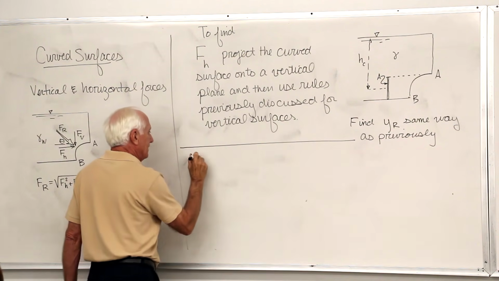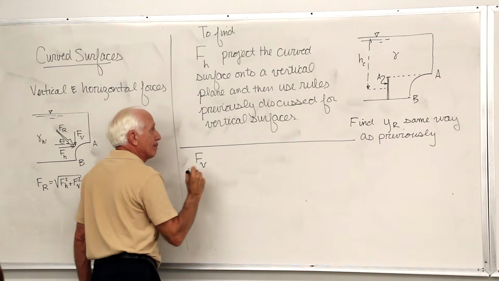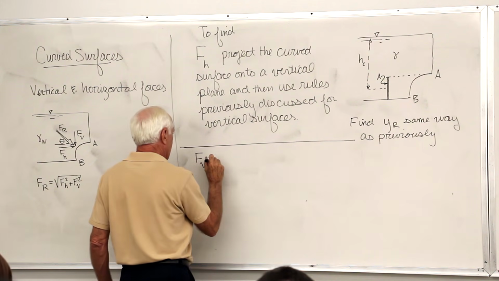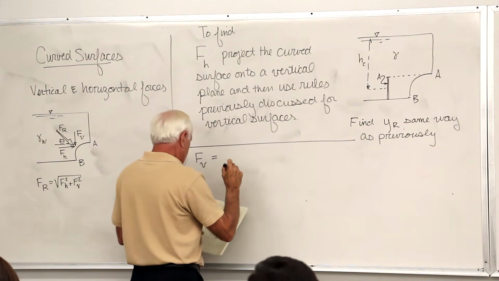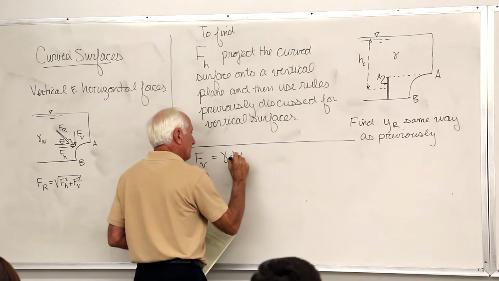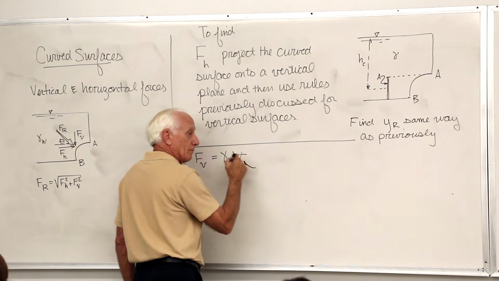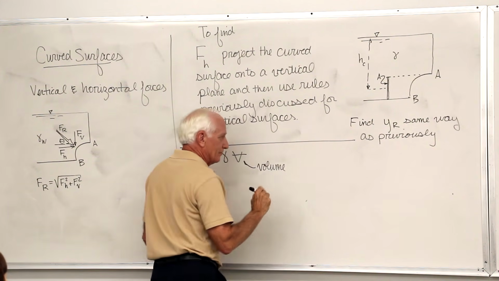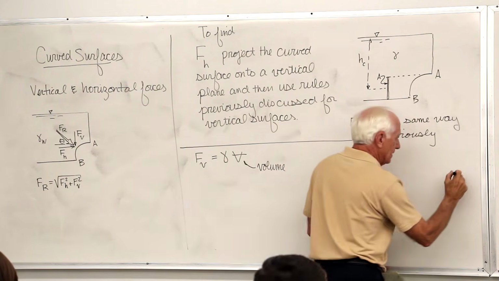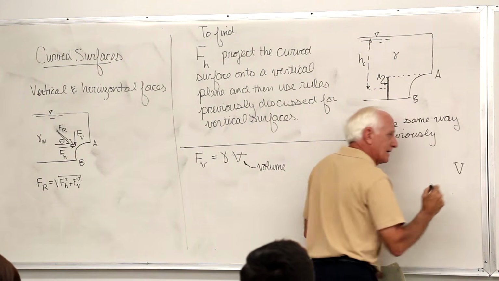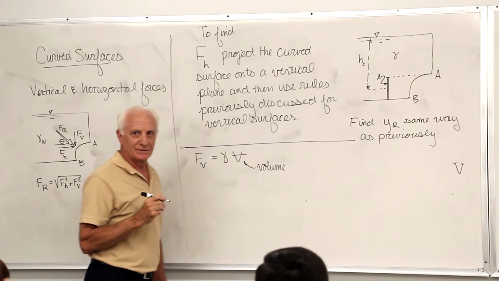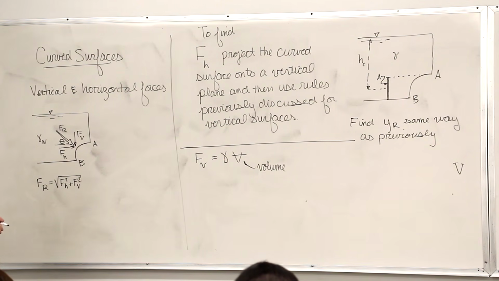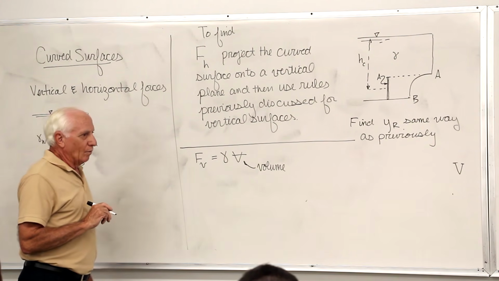Now, F_V, the vertical component. Gamma times the volume. This V with a bar through it means volume. The reason the bar's through it is that when you see a V like that, it means velocity, so they don't want to confuse velocity and volume, so they put a bar through it. What volume?